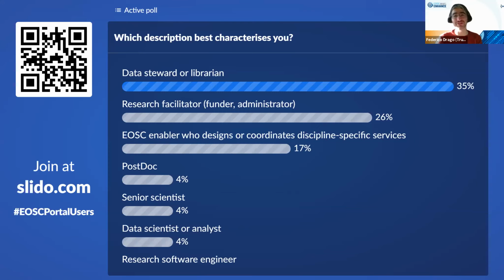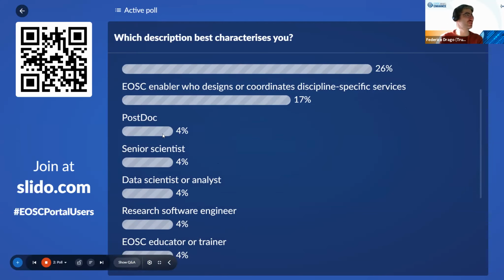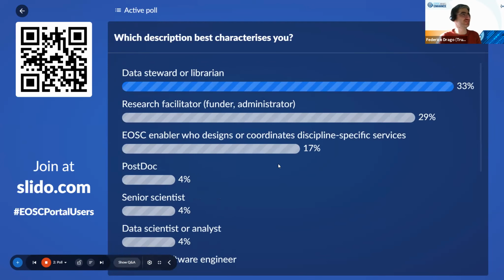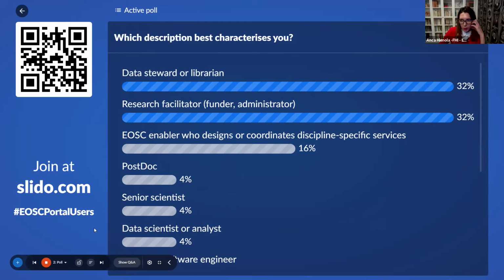So not many researchers themselves, it seems. Let's see. So we have a few postdocs, senior scientists. Okay, this is interesting. Just leave it to run for a few seconds more. Yes, maybe. This one. Let's leave it for a while, if it's okay, because it's still moving.